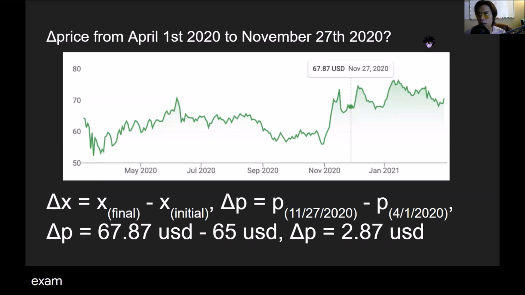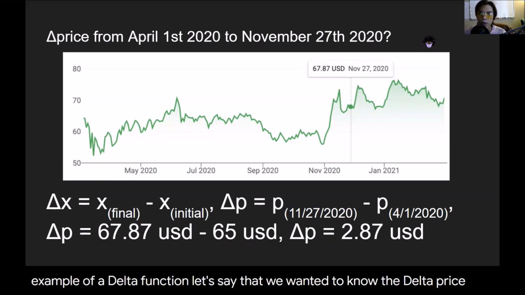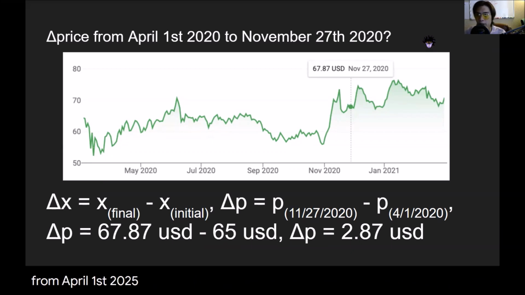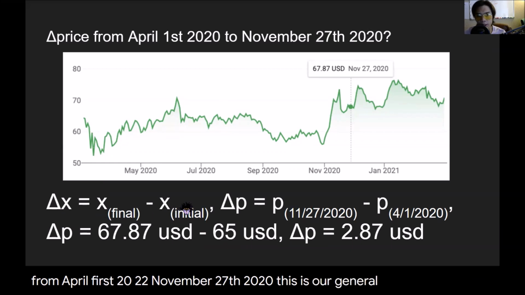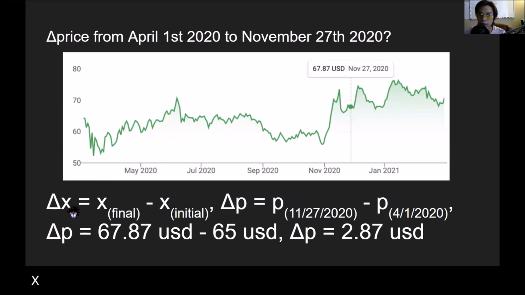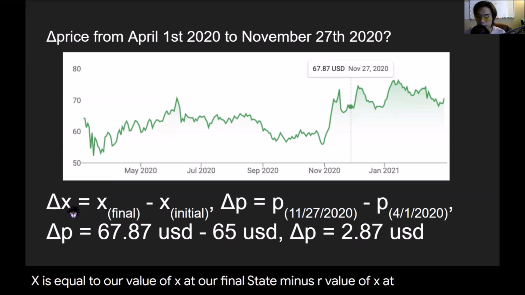Let's look at an example of a delta function. Let's say that we wanted to know the delta price from April 1st, 2020 to November 27th, 2020. This is our general equation. Our delta x is equal to our value of x at our final state minus our value of x at our initial state.